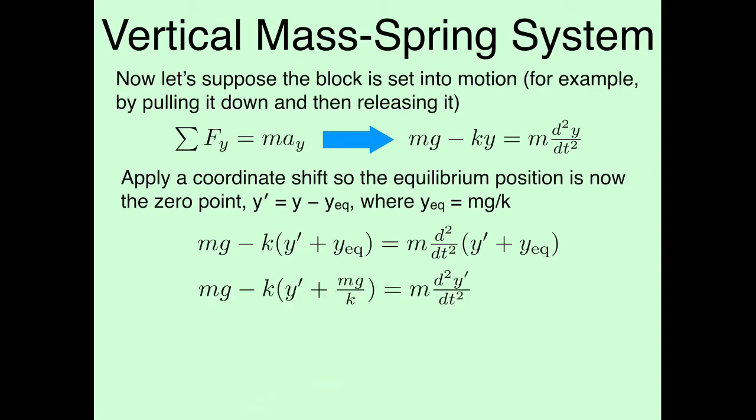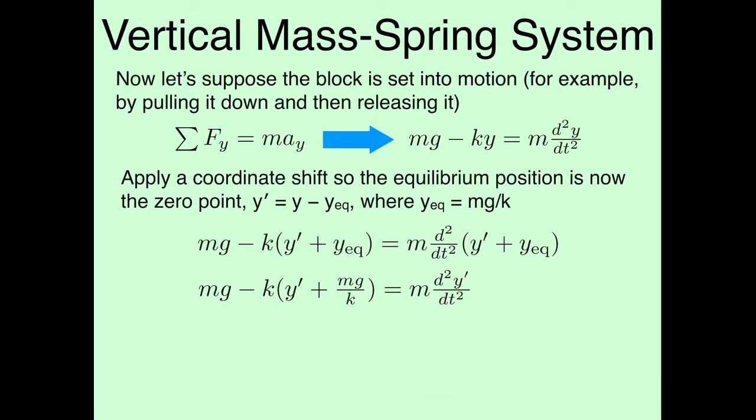So we have mg minus k, y prime plus mg over k, because this is what we found for YEQ. And then on the other side of the equation, YEQ is just a constant. So if I take its derivative over here, I'm just going to get 0. And the only thing I'm going to be left with is m times the second derivative of y prime with respect to time.